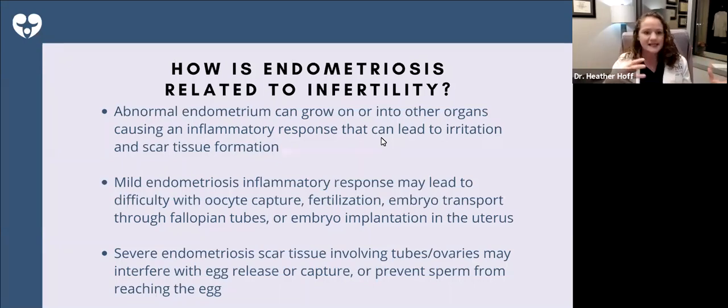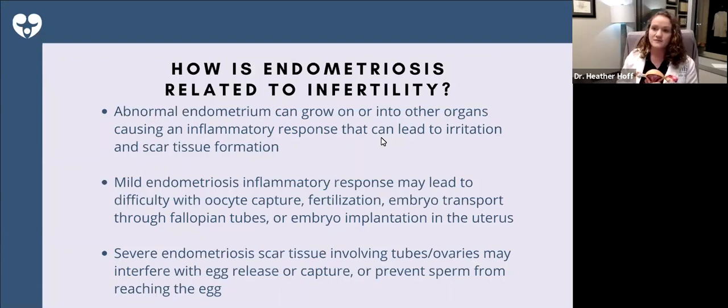It's pretty easy to see that with severe endometriosis and all the adhesions and the scar tissue, that it may actually make a physical barrier for the egg to be released from the ovary, come into the fallopian tube, and make its way down the tube into the uterus to implant. But it's also presumed that endometriosis actually alters the uterine hormonal environment in subtle but important ways.